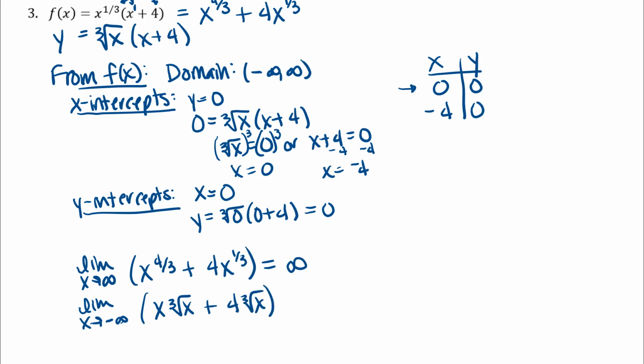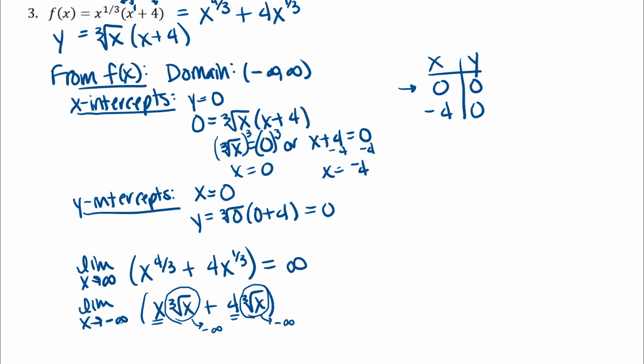All right, so when I let x approach negative infinity, let's think about these cube roots here for a second. So these are going to get larger in size and stay negative. So both of these are going to approach negative infinity. And then the things that are times that, the 4 is just going to stay 4.